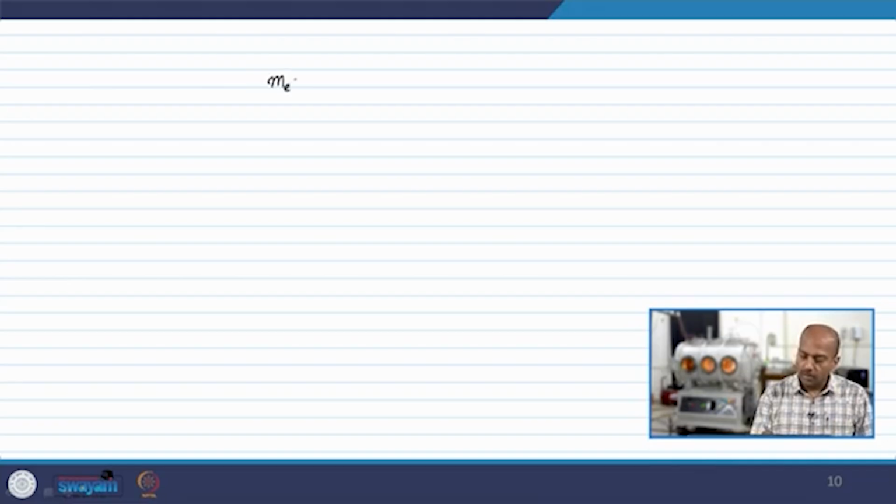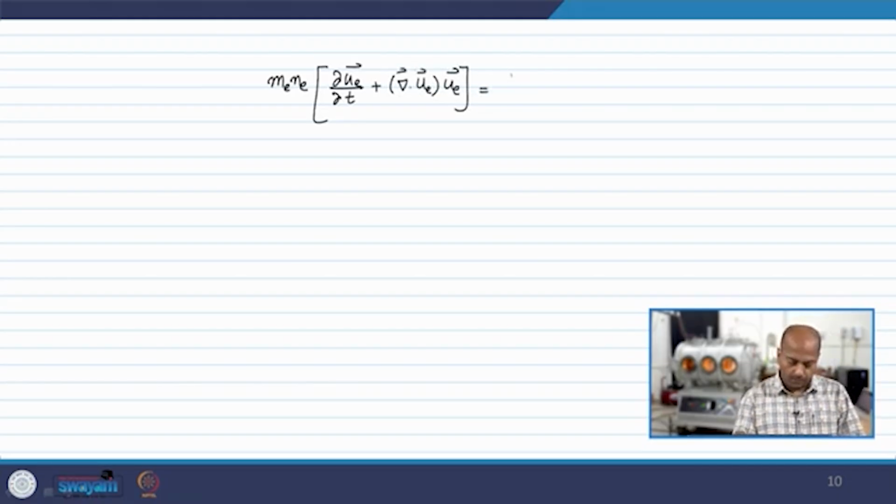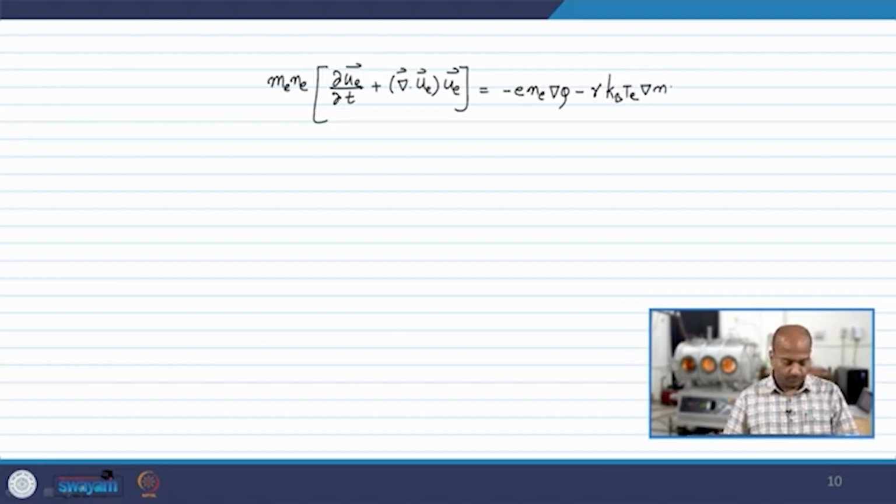We can write a similar equation for the electrons: ME NE times (dou UE by dou T plus UE dot del UE) equals minus E NE del phi minus gamma KB TE del n.